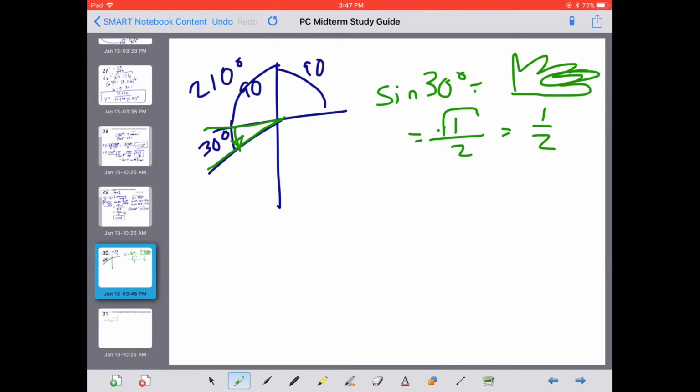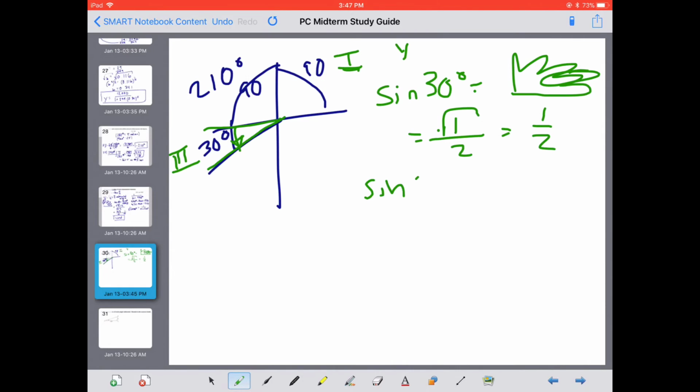When we look at this, though, we're in a different quadrant. Our reference angles are always angles in quadrant 1, but our angle here is in quadrant 3. We could remember this a lot of different ways, but we can just look at our terminal side. We can remember sine is always our y value, and here y is definitely negative.